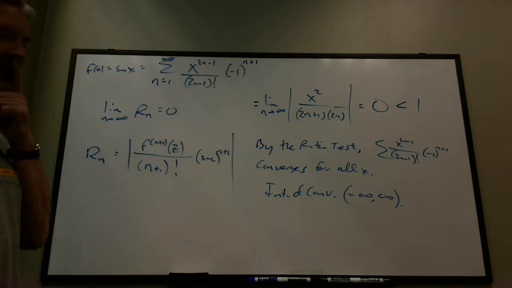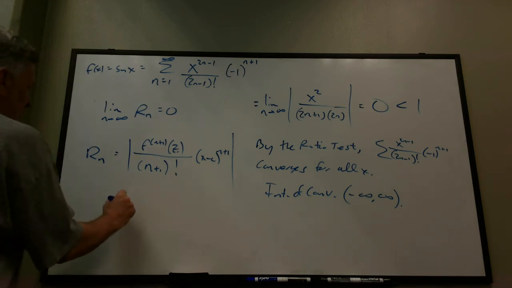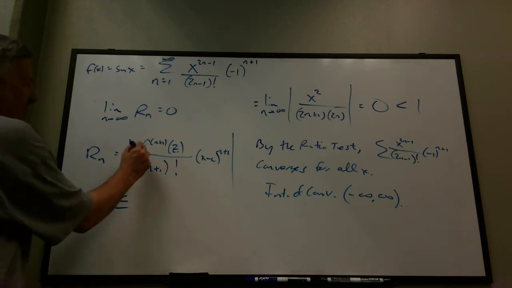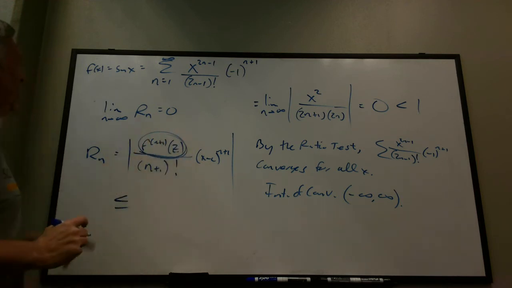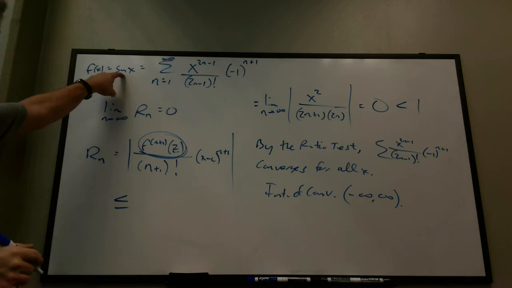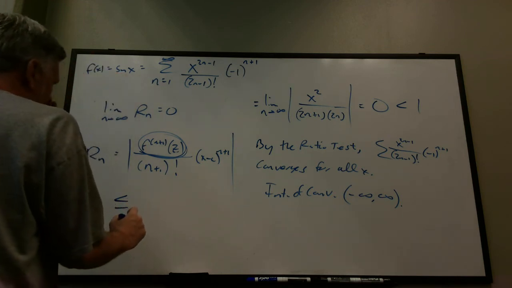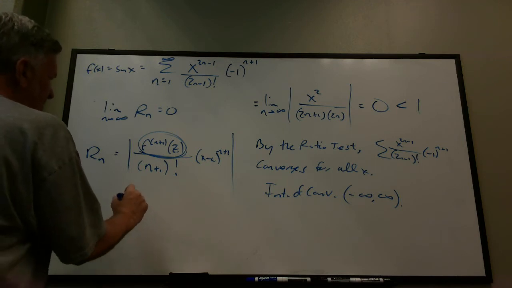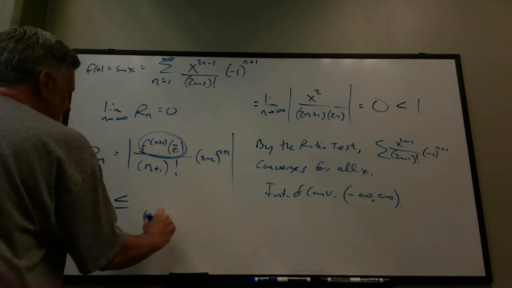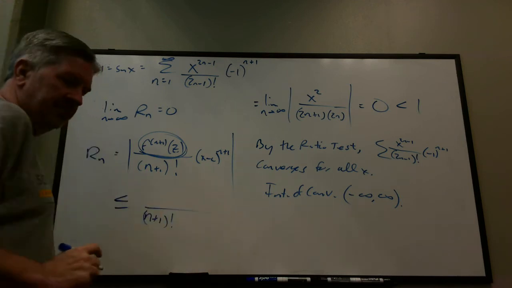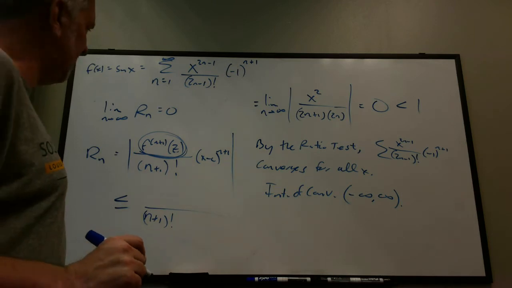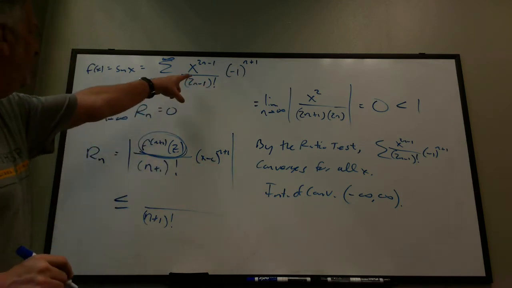Well, let's do the game we always do. Let's find the biggest this could be. Again, I'm using the sine here. So we have the n plus 1 factorial. Now remember, in this problem, c was 0, referring to the problem we just did.